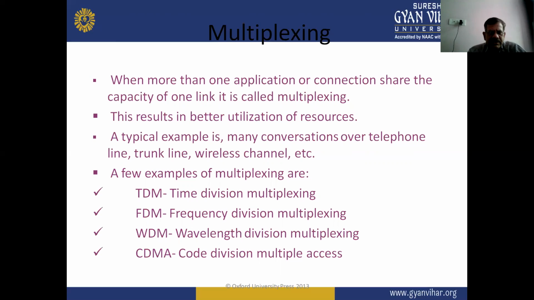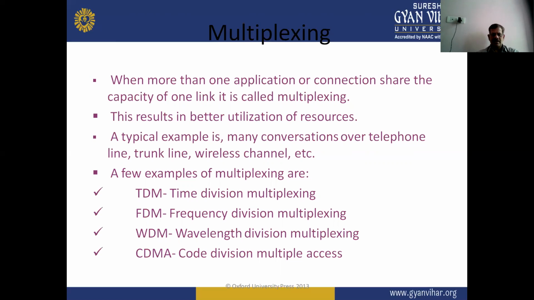Next, multiplexing. What is multiplexing in modulation technique systems? When more than one application or connection shares the capacity of one link, it is called multiplexing.